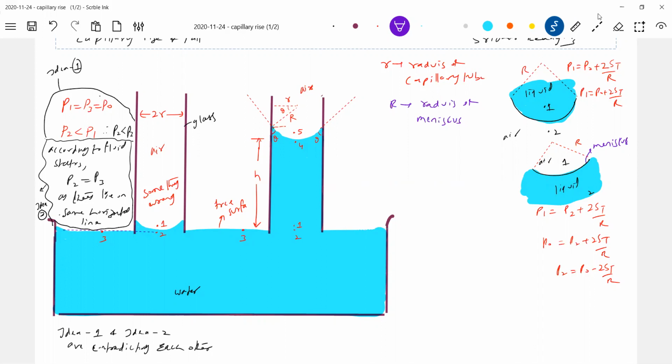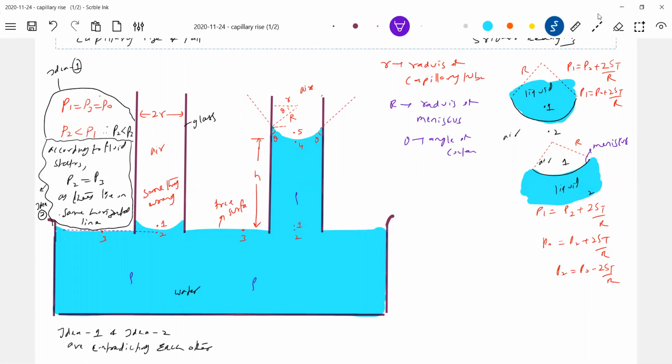Meniscus means something like a saucer or bowl. The shape of the free surface will be curved here. And theta is the angle of contact. The water will have density rho.